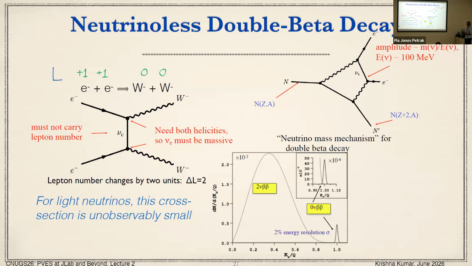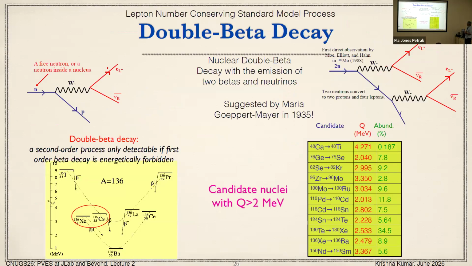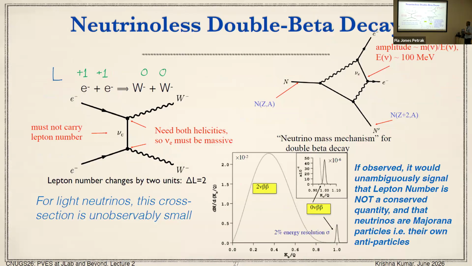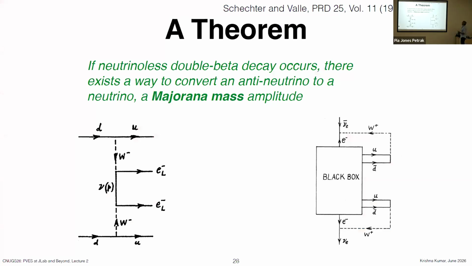Okay? Because the moment you do that, if events start piling up here, it means neutrinos were not emitted. That means the 2 betas carry all the energy, and it's this diagram rather than this diagram. Right? So that is Majorana neutrinos because of this argument. But in fact, there's a theorem.